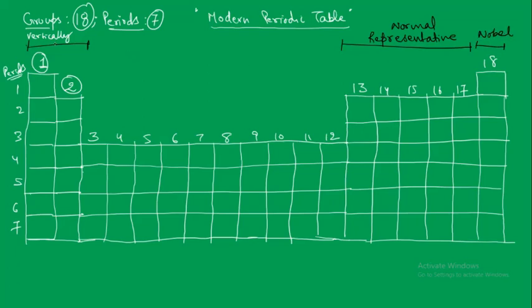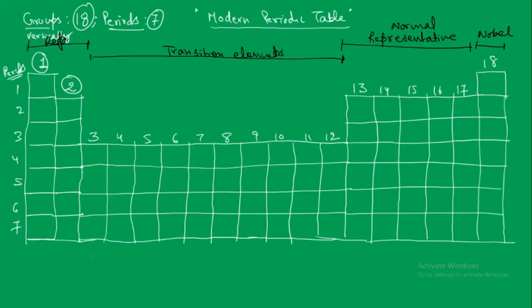From 3 to 12 they are known as the transition elements.